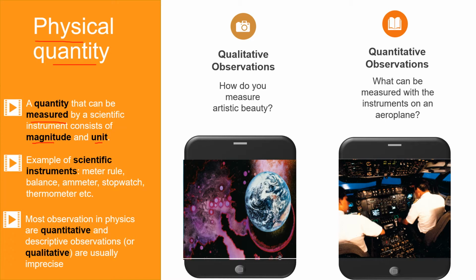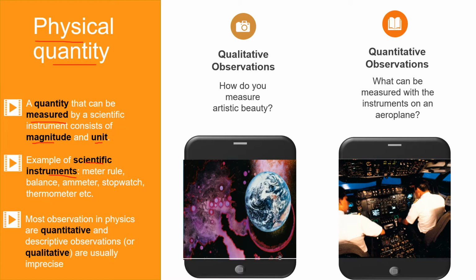This is the scientific instrument. So when using this scientific instrument, you can measure and it will consist the magnitude iaitu nilai, contoh 2 meter. Meter adalah unit. So that is a physical quantity. So basically physical ni dia mestilah sesuatu yang kita boleh sentuh, kita boleh rasa. That is a physical quantity.